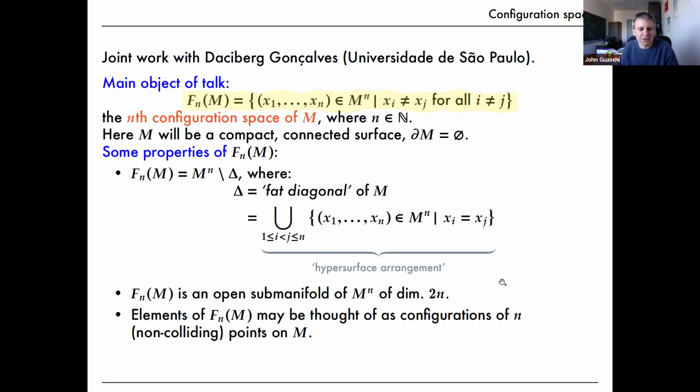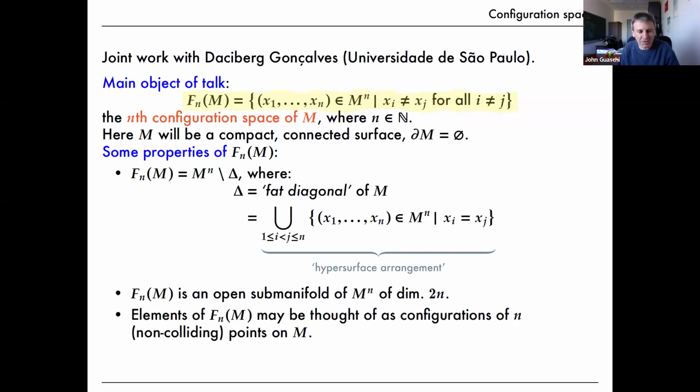It's easy to see that this configuration space is an open submanifold, and the dimension is 2n if we take M to be a surface. One way of viewing this set of configurations is as configurations of n non-colliding points on the surface M. Imagine that you might use it to study movement of non-colliding particles or non-colliding planets and such like.